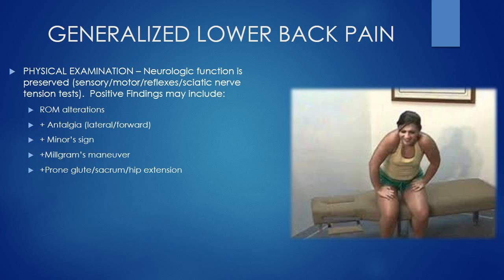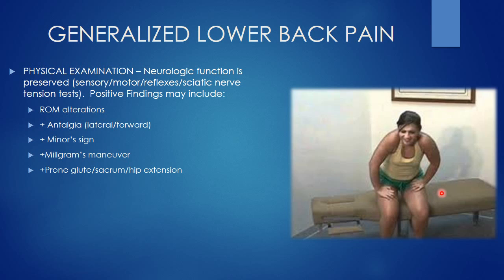Another positive objective finding that's important, especially in med-legal environments, whether that be in the workers' compensation setting, in the personal injury setting, or even in the independent medical examination, is known as the positive Minor sign. The positive Minor sign is manifested when the patient uses their hands to push off of their thighs in order to transition from the sitting position to the standing position.